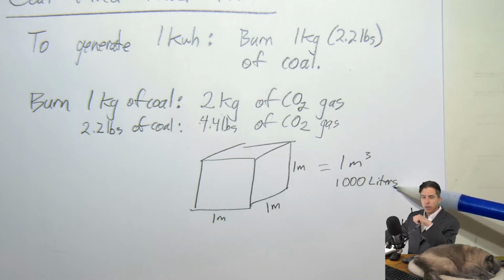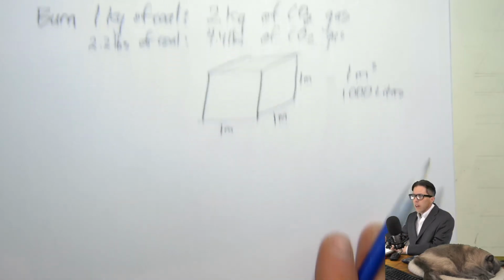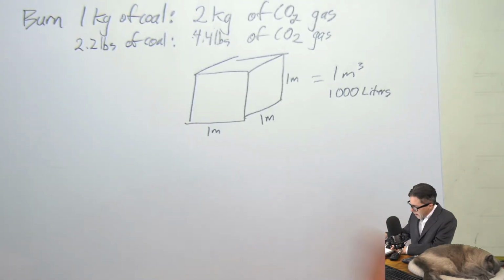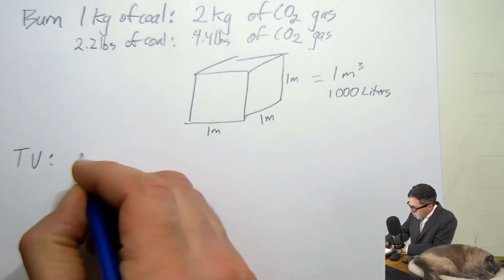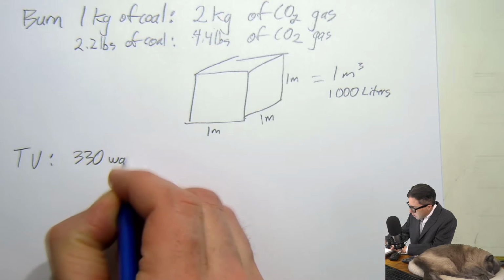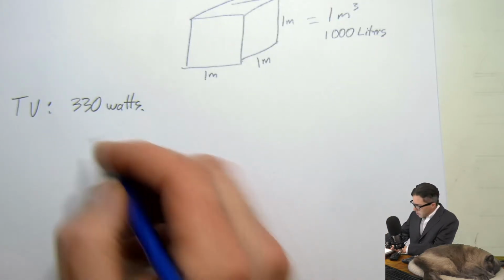Okay, so those are the numbers we're going to use in this class to do the problems, but they're all kind of similar. So here's an example. Let's say I have a TV that uses 330 watts. And I have this TV on, let's say, 6 hours a day.